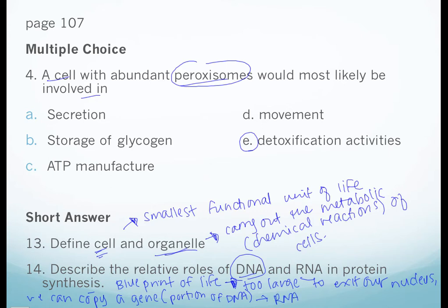Okay, and so from RNA we can use this to synthesize proteins. So DNA is too large, we can photocopy it through what process?